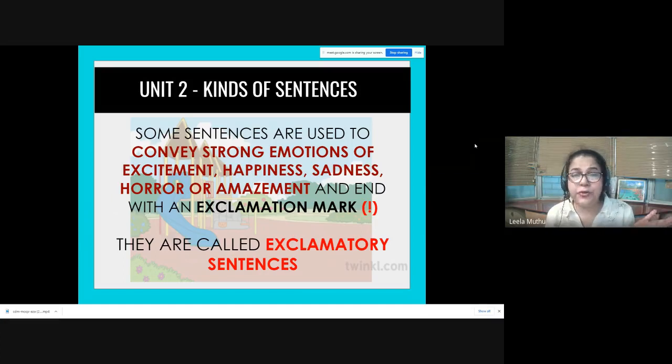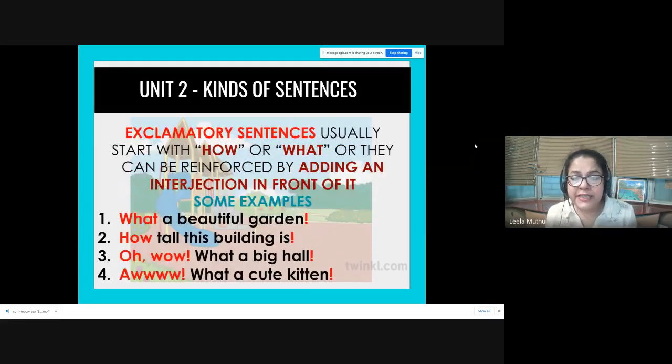Now, as usual, I have loads and loads of examples. Exclamatory sentences usually start with how and what, but not necessarily. Now you must be thinking, these are basically interrogative words, but you will notice that in the sentence you're not really asking a question.